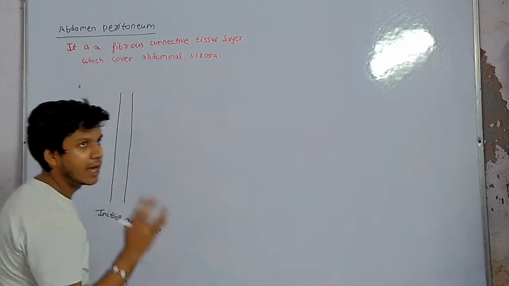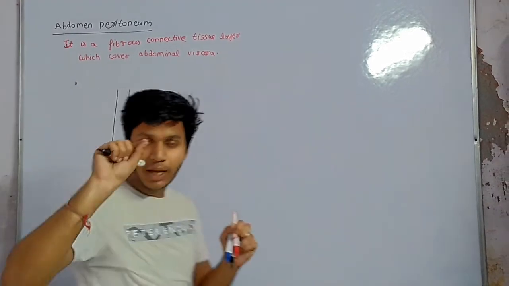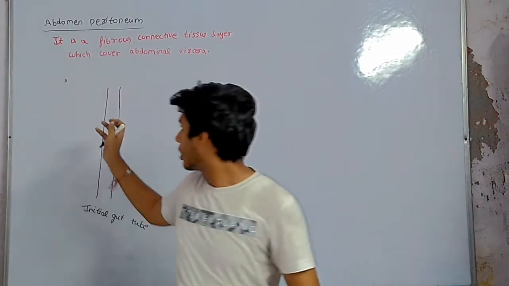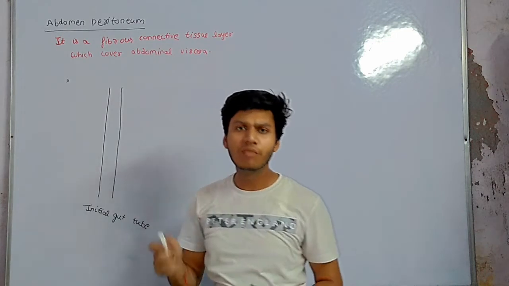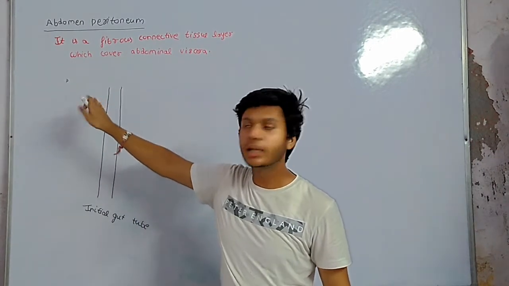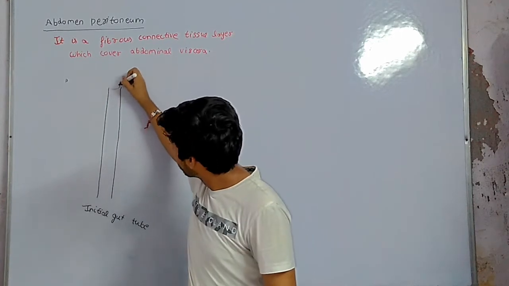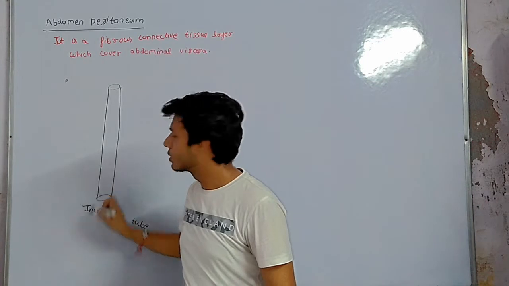Every part of the abdominal digestive system develops from this. Many buds, many small roundings come out and completely form the organ. Basically, the liver, stomach, pancreas, all are formed by this tube. It is present in the abdomen, and it is called the embryological gut tube, which is present in the embryo.